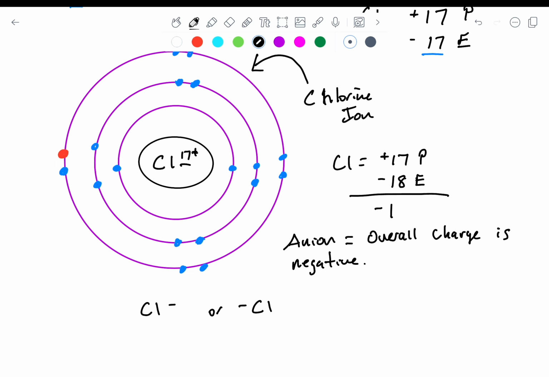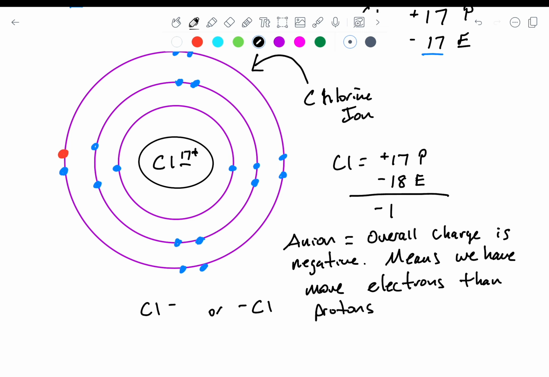We have an overall charge that is negative, which means we have more electrons than we do protons. So let's go ahead and highlight that. We'll make this a nice yellow color. So, you guys, an anion means our overall charge is negative. It means that we have more electrons than protons.